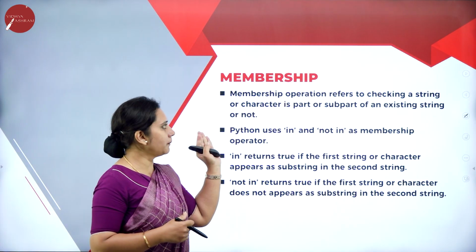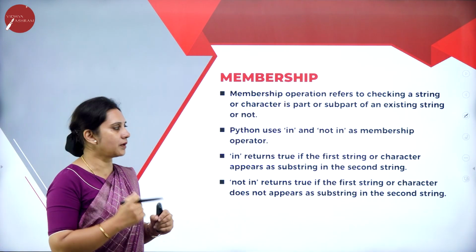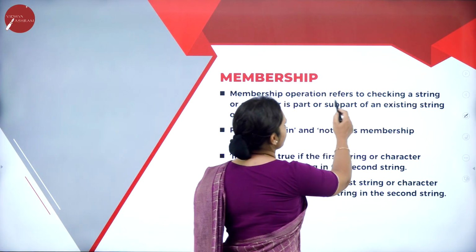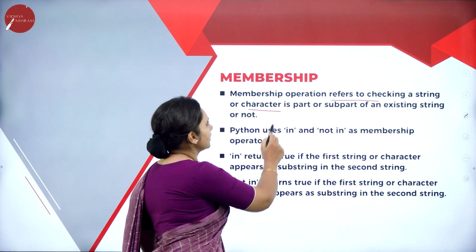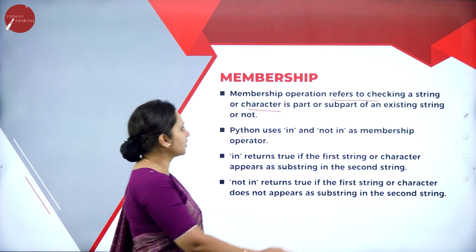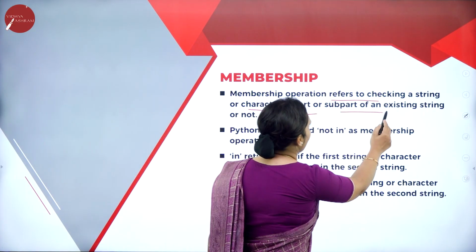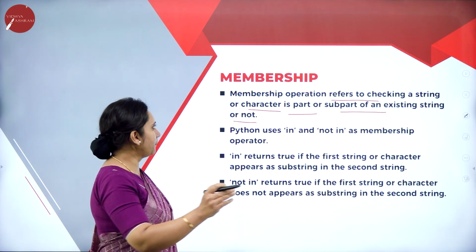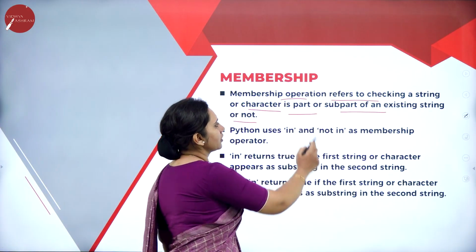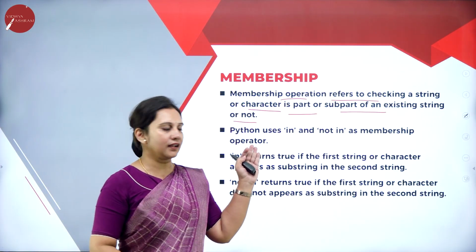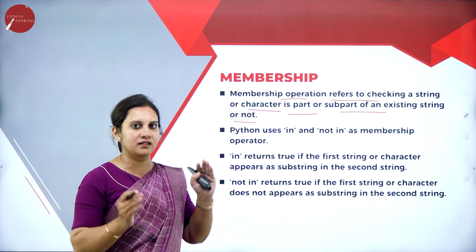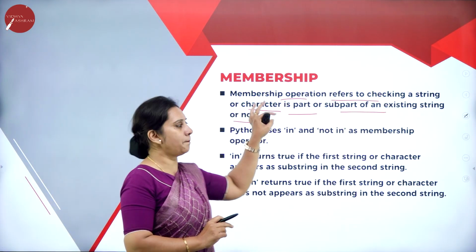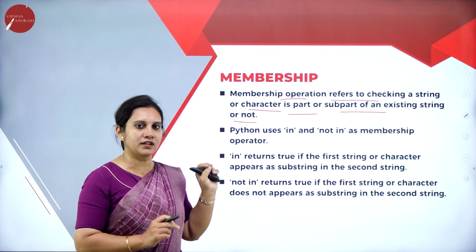Next we have a membership operation. What is a membership operation? The membership here refers to checking whether a given string or a character is a part or a subpart of an existing string or not. I repeat it, membership operation refers to checking whether a string or a character is part of that existing string or not.